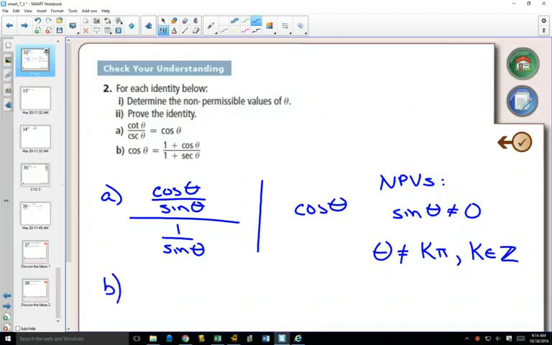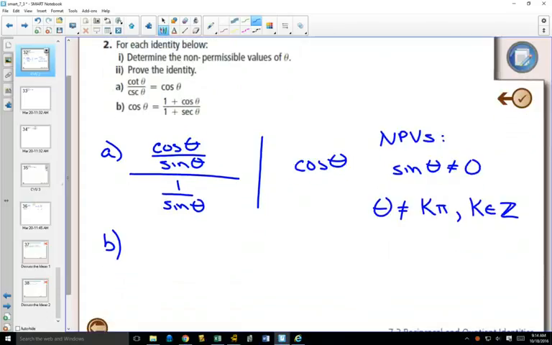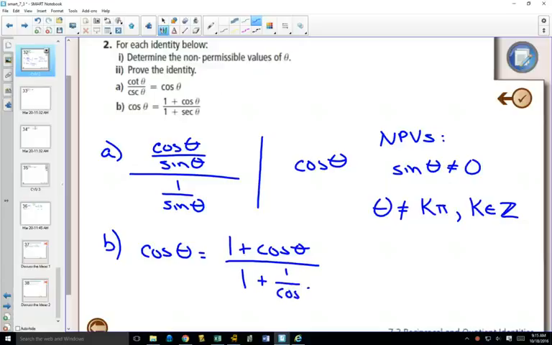For B, if we look at rewriting, I have a reciprocal one here, which would be 1 over cos theta.